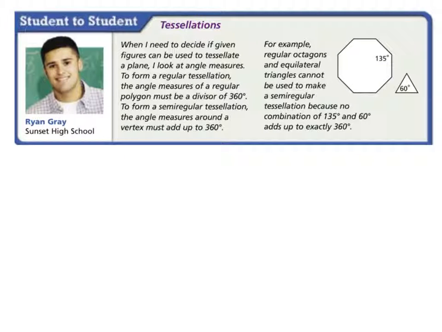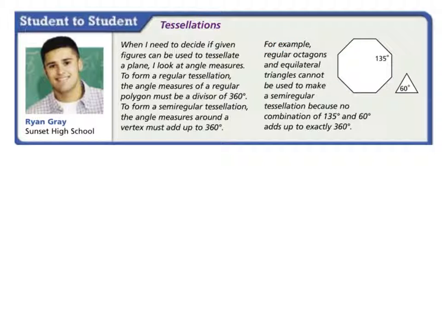It's a recurring pattern at each vertex. So this is a little hint, and this is found on page 865. Here's what this student says. When I need to decide if given figures can be used to tessellate a plane, I look at angle measures. To form a regular tessellation, the angle measures of a regular polygon must be a divisor of 360. To form a semi-regular tessellation, the angle measures around a vertex must add up to 360.